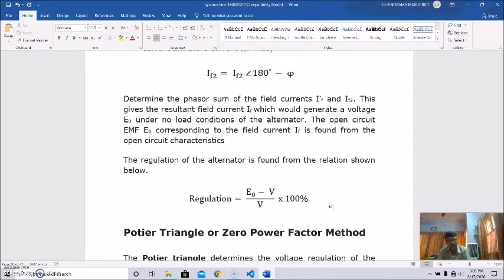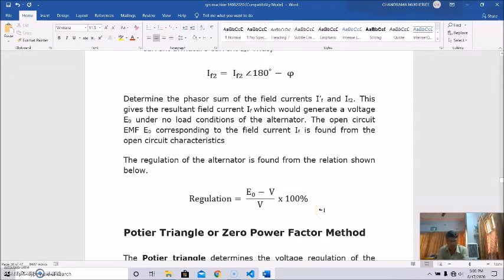The realistic value of the voltage regulation is much nearer in this method, so we get a better voltage regulation value in the real case.